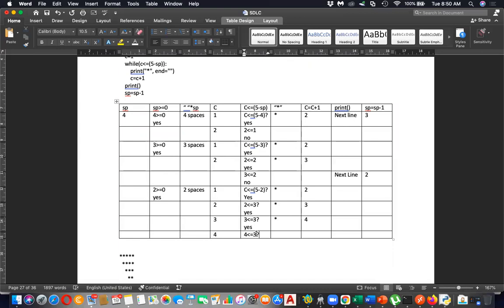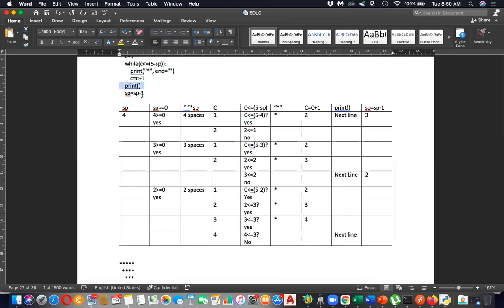No. Then it will not print asterisk or increment C. It will come out of the loop and go to the next line, and then decrement 1 from SP. Now it is 1.